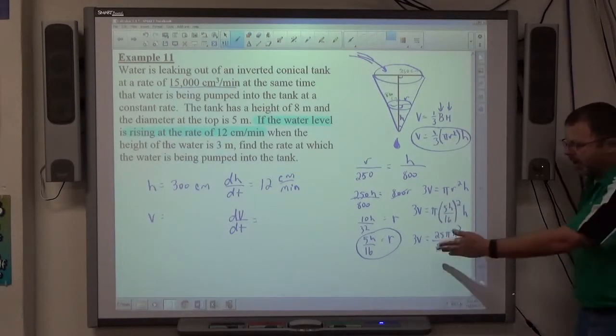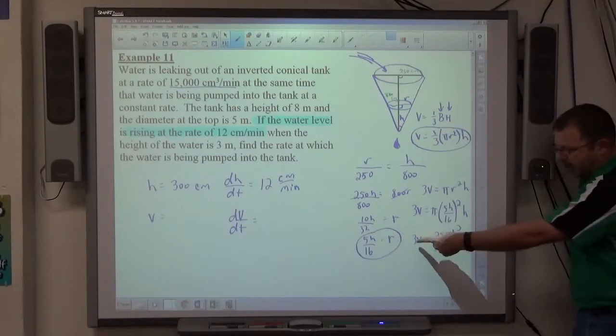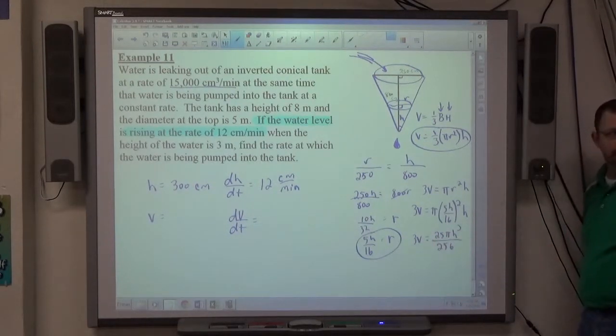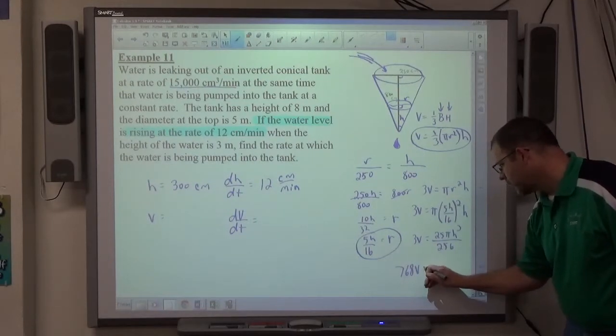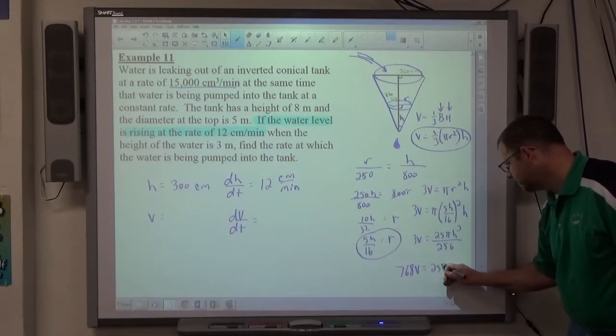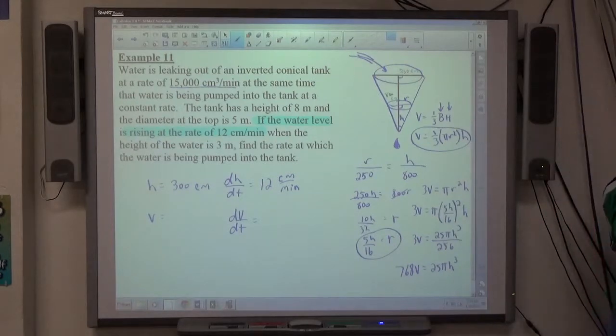Right? And again, the 3V on the other side, if I kept the 3 over here, it's just going to multiply by the bottom. I could even multiply both sides by 256 right now if I really felt like it. If you don't like fractions at all, you can make them go away. It's an equation. So that's a relating equation.